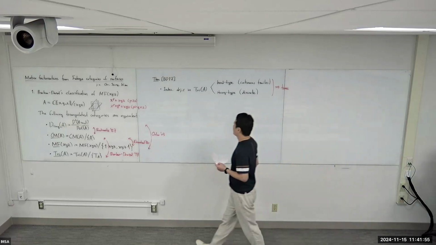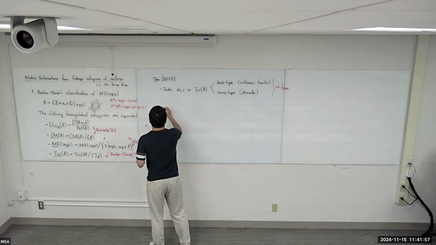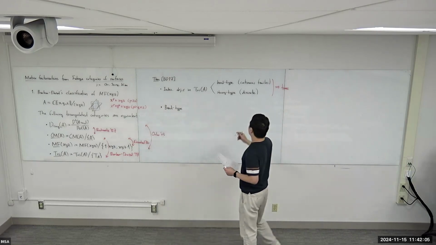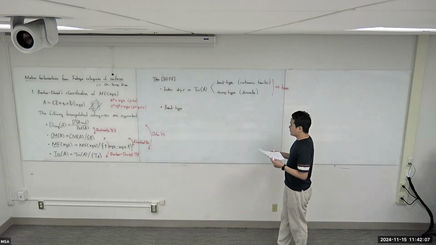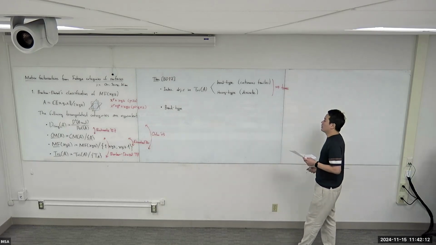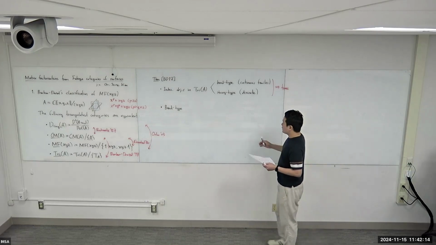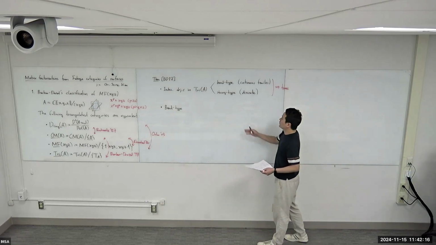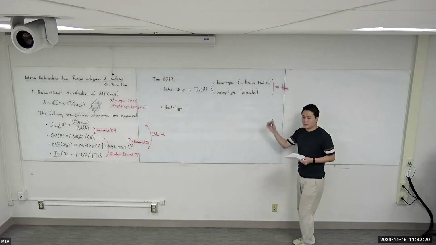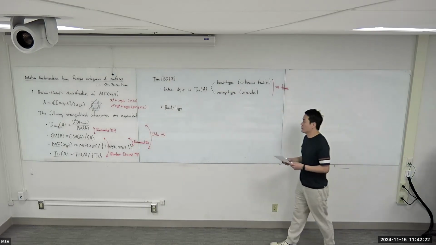Moreover, they gave a full classification list in terms of some band data and string data. But today, I will concentrate only on band type. String type can be done in a similar way.